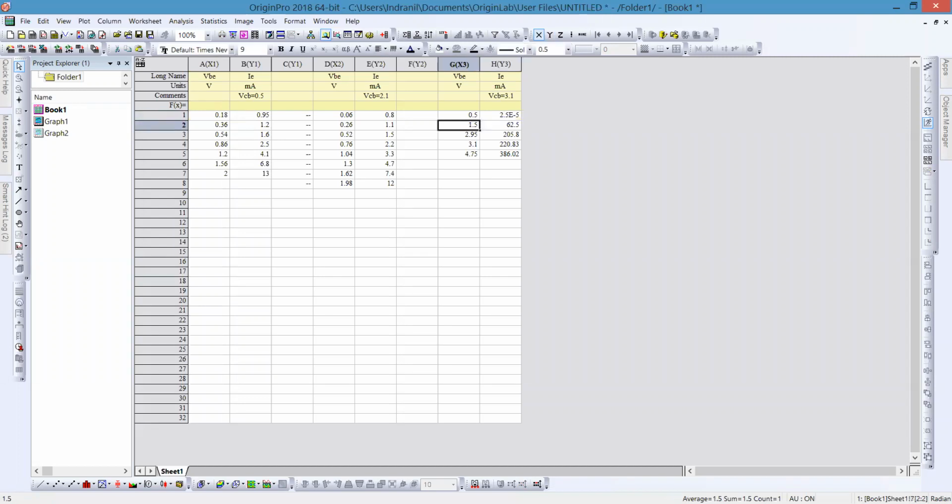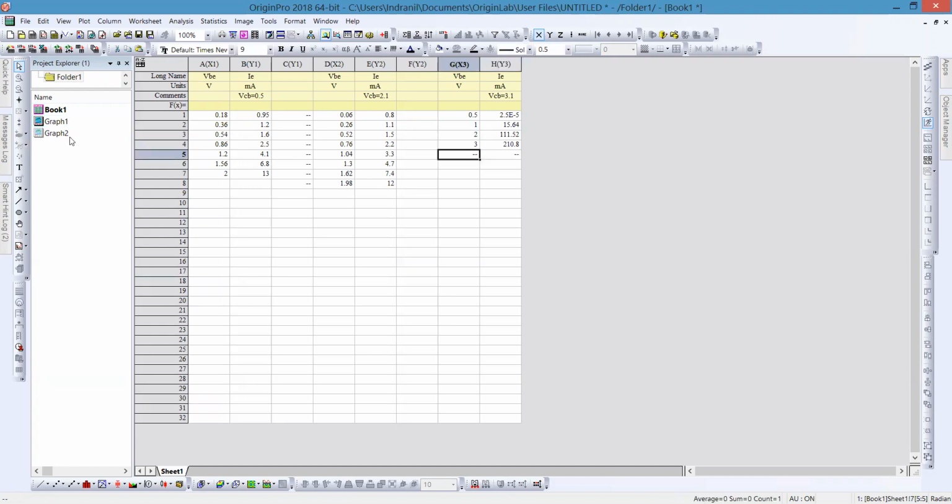Then 1 volt, 15.64, and then for 2 volt, 111.52. Next, 3 volt, 210.85. Okay. Now we don't have any other value for this one.